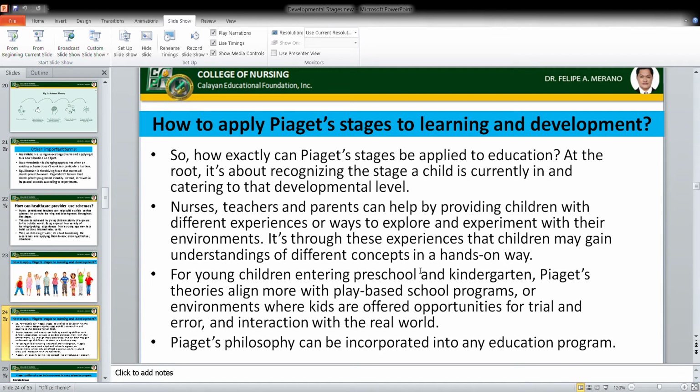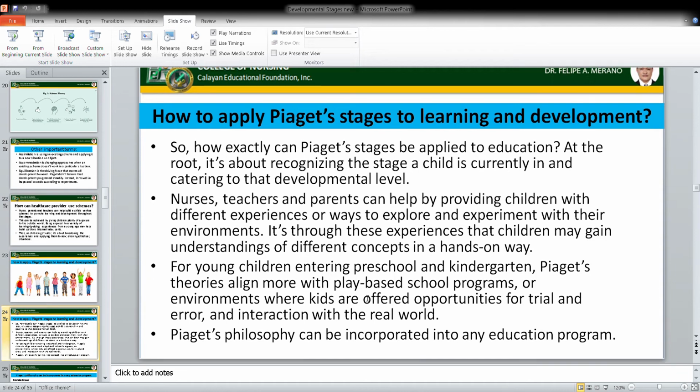So if we are trying to teach children through their experience, and if it's not possible, then we should experiment or explore other means to let them know the development they need per level.